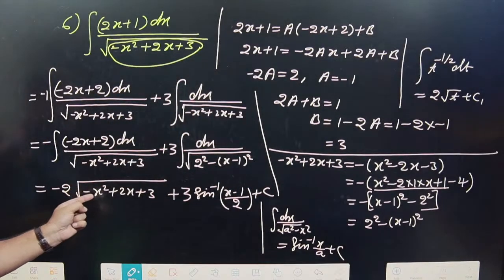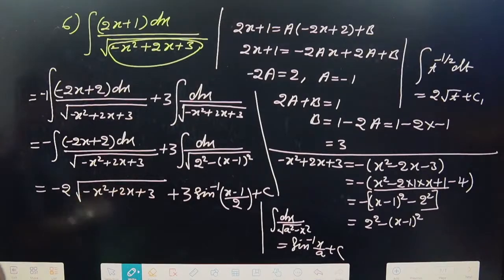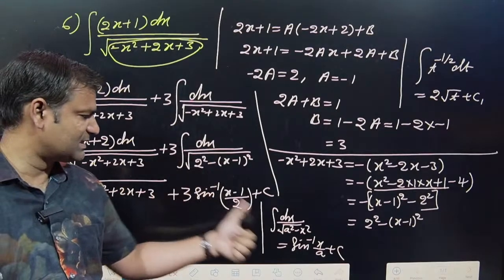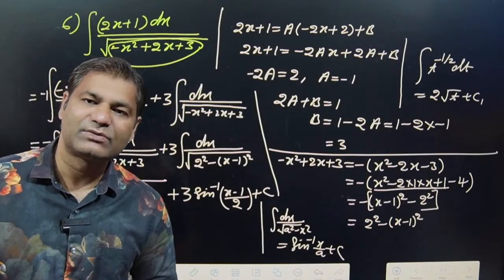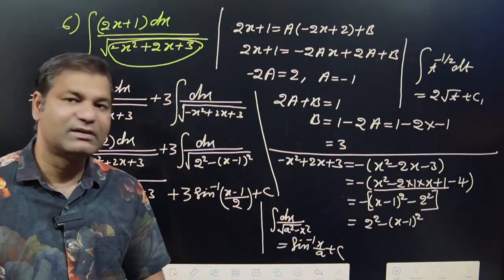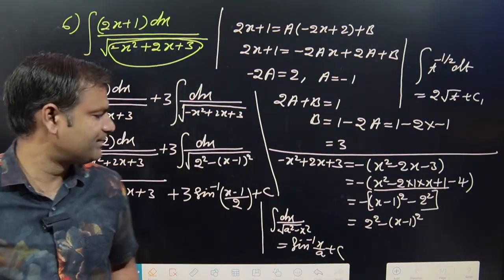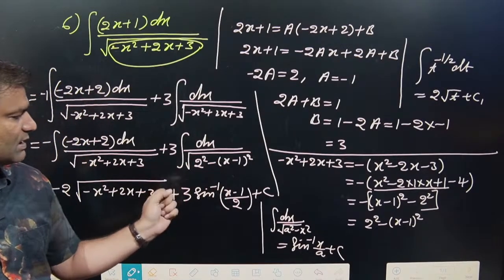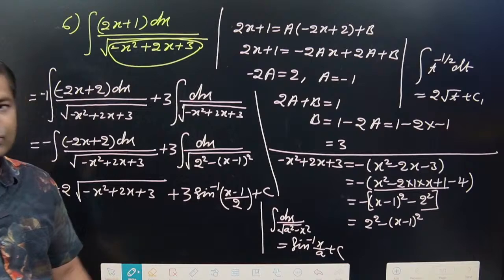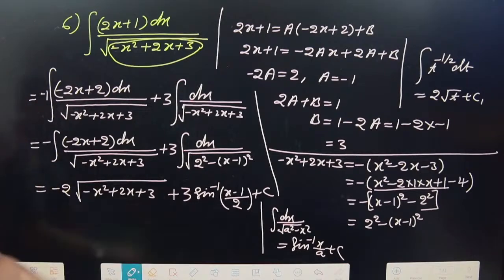Under root minus x square plus 2x plus 3, and this one is matching corresponding to that formula. Integration of dx divided by a square minus x square is how much? Sine inverse x upon a plus c. So that's why written. So x basically x minus 1 and a replaced to 2. Then we got like that formula, that answer.